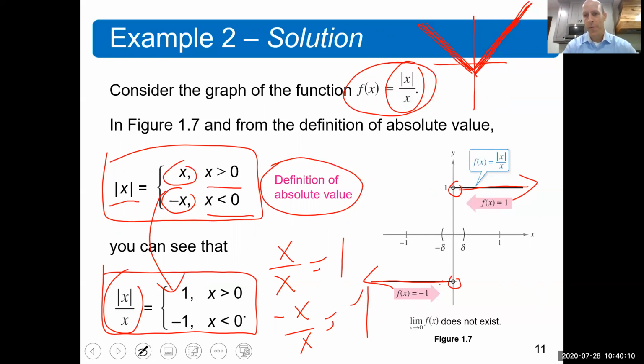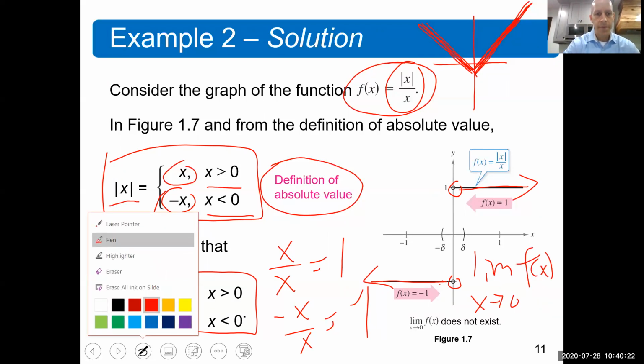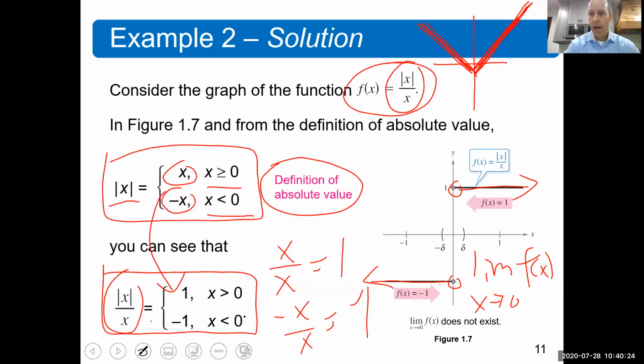Now, clearly, I hope, if I asked you about the limit as x goes to 0 of f of x, we have a problem. And the problem is this. If I'm coming up here from this direction, what y value would you guess I'm going to as x goes to 0?